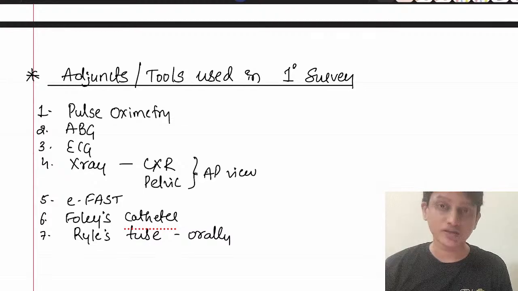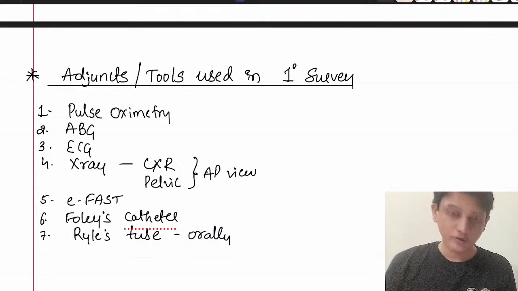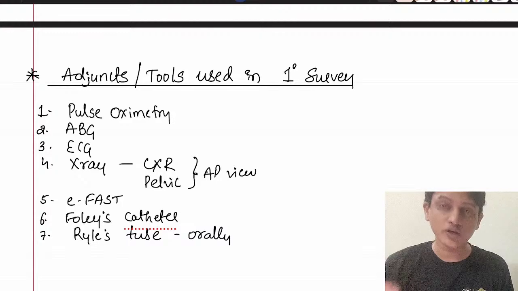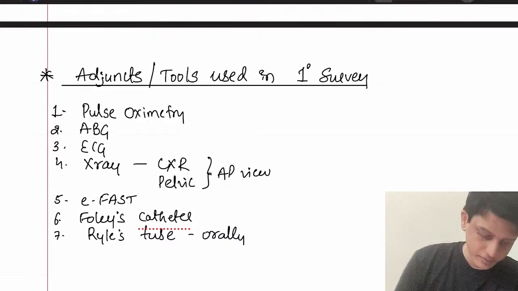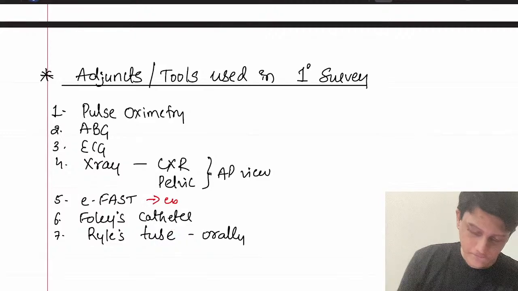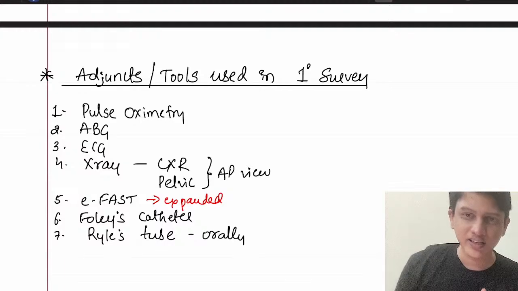Then what is EFAST? Extended focused assessment with sonography in trauma. Earlier only FAST was done. Nowadays we do EFAST.